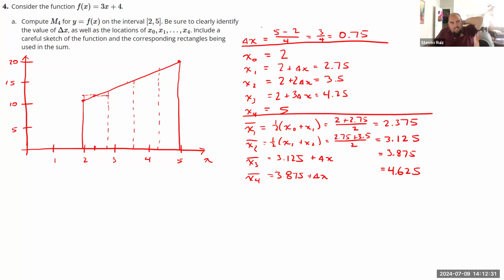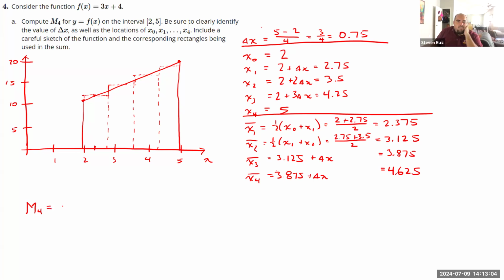Now that I have those sample values, let's keep sketching out the rectangles here. I'm not going to find the area of these different trapezoids; I'm going to find the area of these rectangles. So how do I do that? M4 is going to be equal to the sum of 4 different areas.